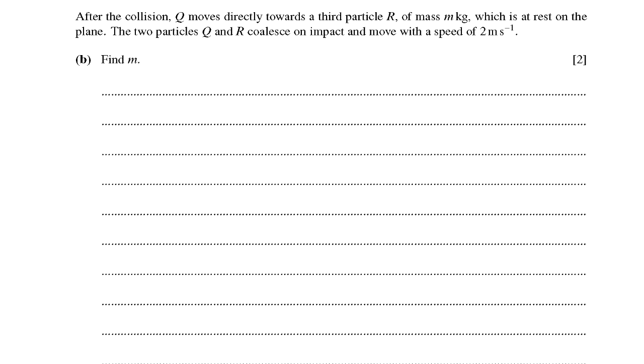For this one, the momentum before is going to be 0.2 times 3, which is going to equal the momentum after. The momentum after is the mass of Q, 0.2, combined with the mass of R, and they travel at a speed of 2 meters per second.